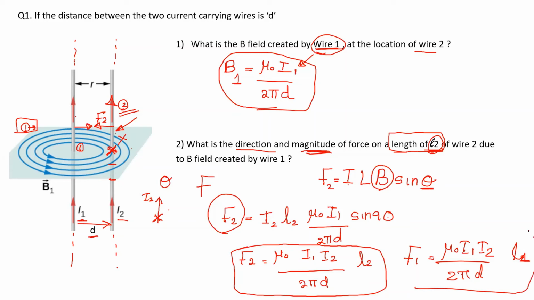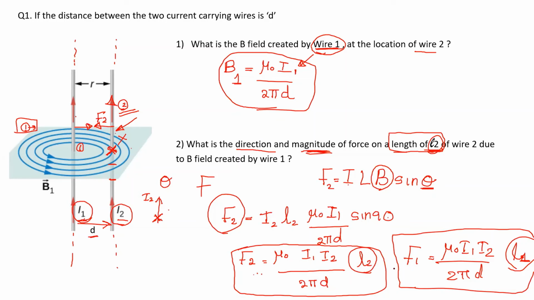We will exactly get the same equation. So if the length that you are going to consider is the same, you will see that these forces are exactly the same. No matter that they carry different currents, the force acting on each other will be the same.